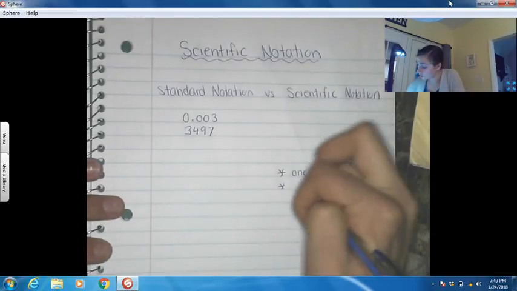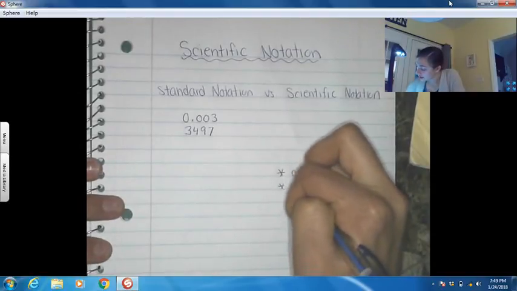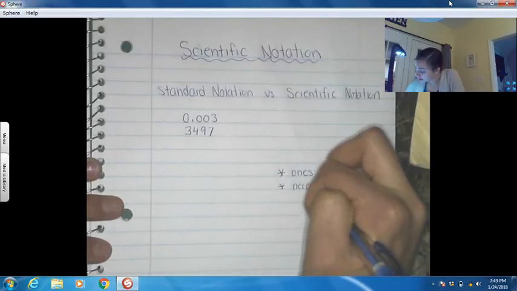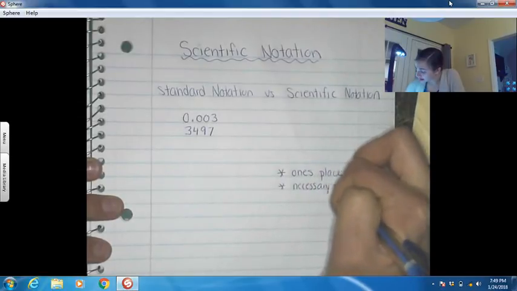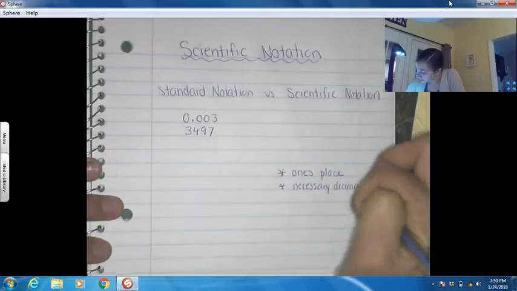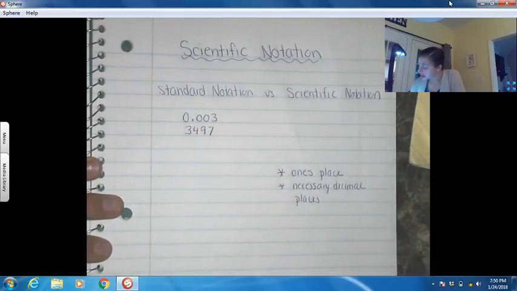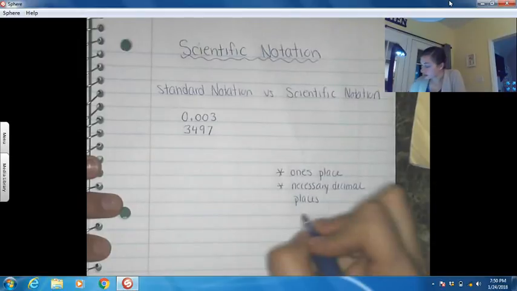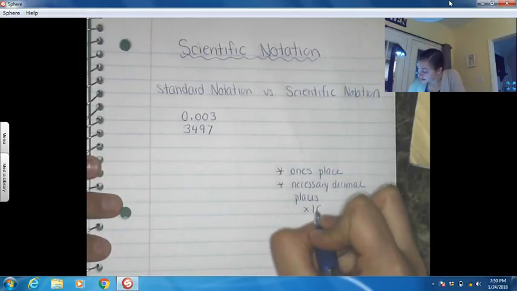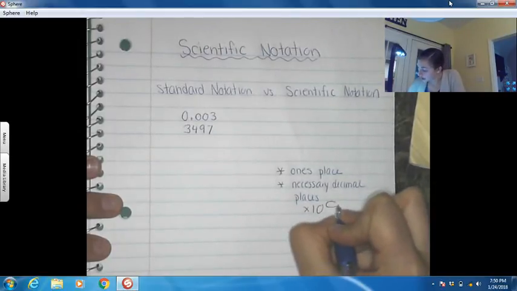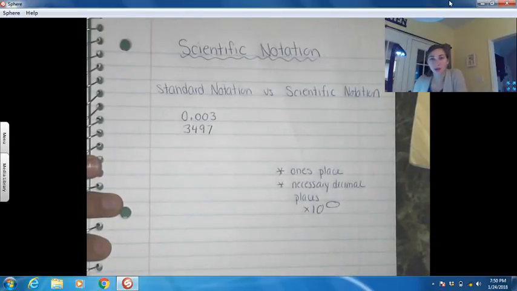So we have a ones place and then necessary decimal places. And then at the end of it, we have a times 10 raised to some power. And we're going to learn how to figure out what that power is.